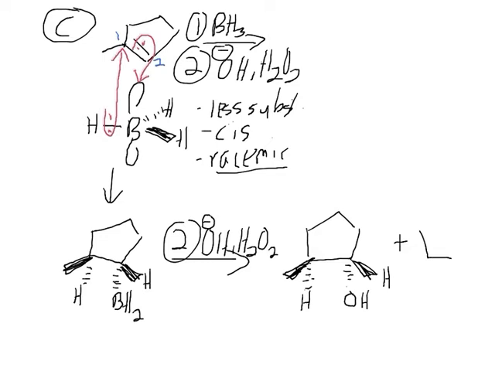And the enantiomer looks like this, where the H would now be here. The OH would be on the top. So the H and the OH are always on the same side. It's that cis addition. The methyl will be going down. And here you'd have the H.